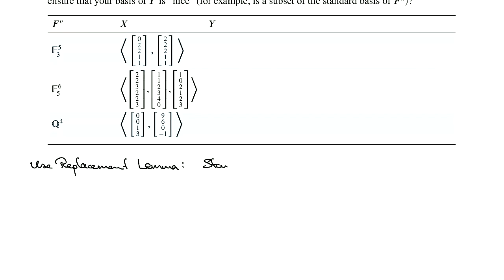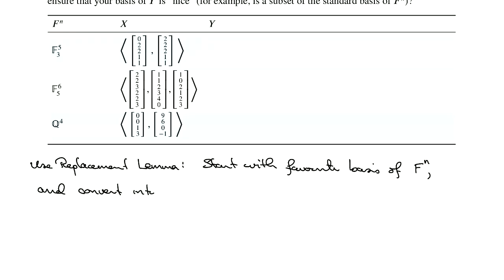So start with a favourite basis of Fn, and step by step convert it into a basis of the form: let's call these x's, let's say v_i, such that i is whatever it was.